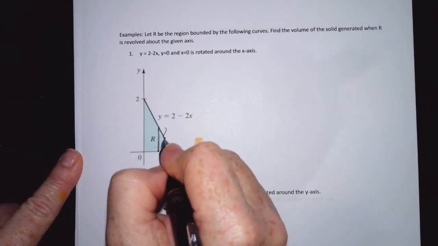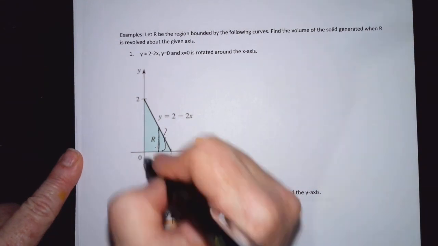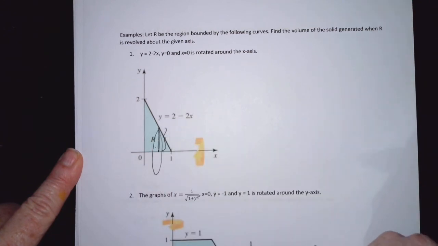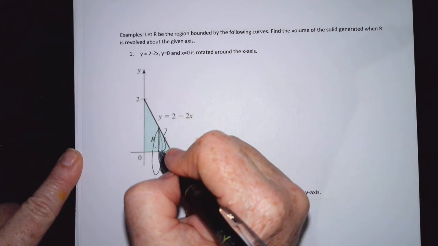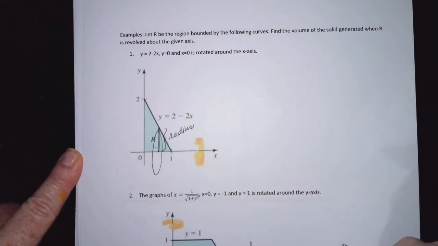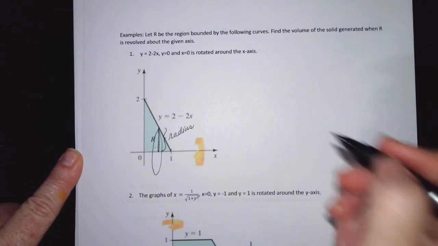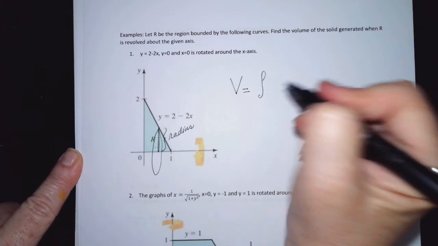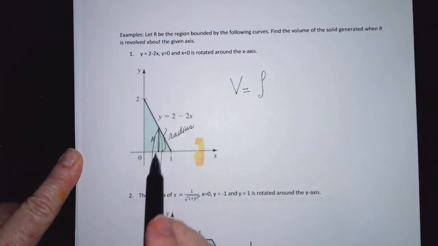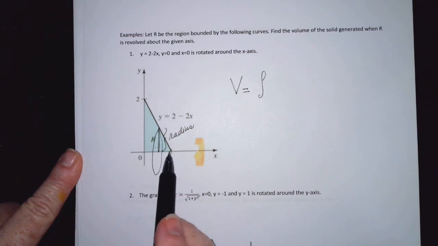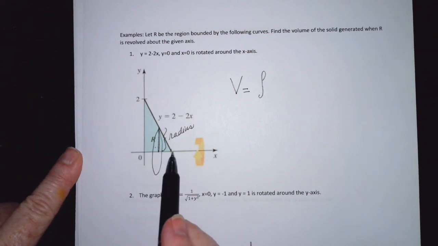That distance right there, when this rectangle rotates and forms a disk, the height of the rectangle will be the radius of the disk. So when we find the volume, we would be integrating from, since we're looking at vertical rectangles, we use the x limits on our region, which go from 0 to 1.